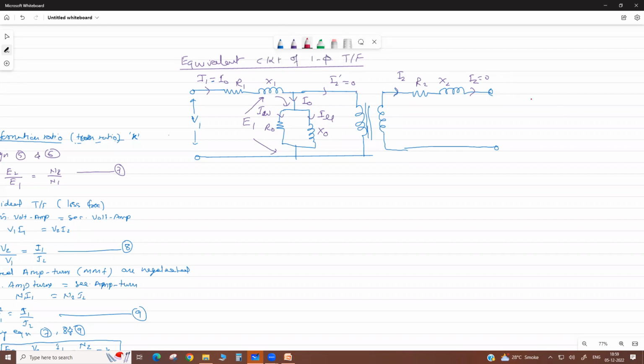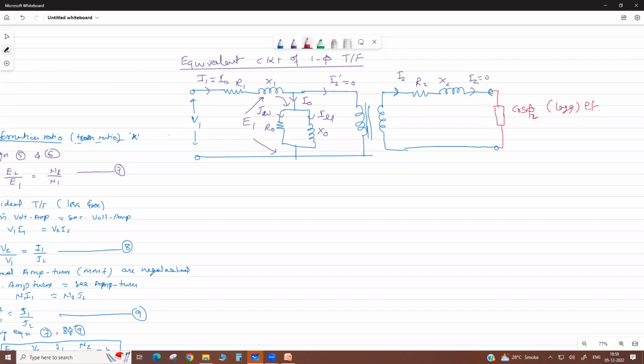Suppose now we put a load here. Generally the load is not purely resistive; it is inductive, like motors. So we consider a lagging power factor, meaning your secondary side power factor is cos phi 2. If there is a capacitive load, it may sometimes be leading.